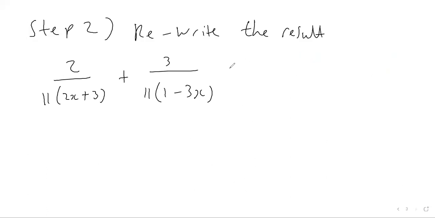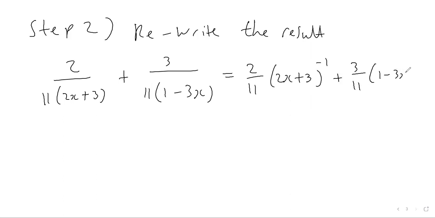We can rewrite it as 2 over 11 times (2x plus 3) to the power of minus 1, and 3 over 11 times (1 minus 3x) to the power of minus 1. We're just rewriting the way that we're laying this out, because 1 over x is the same as x to the power minus 1. So 1 over (2x plus 3) is the same as (2x plus 3) to the power minus 1.